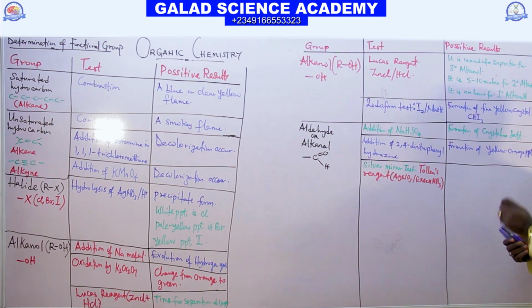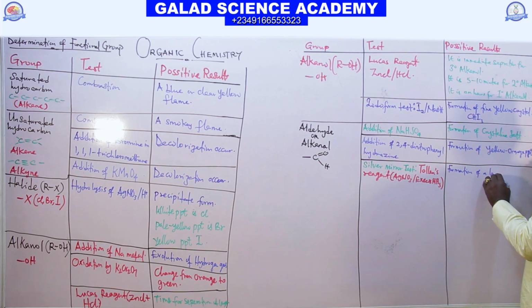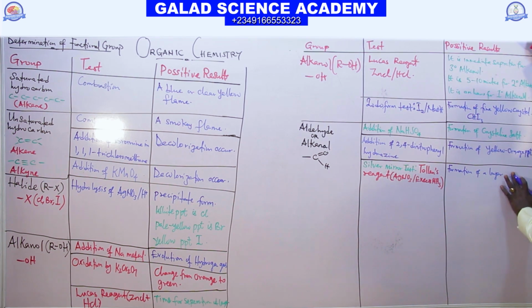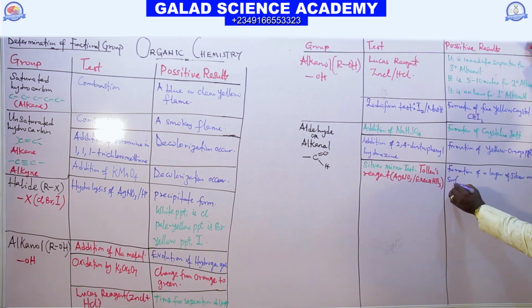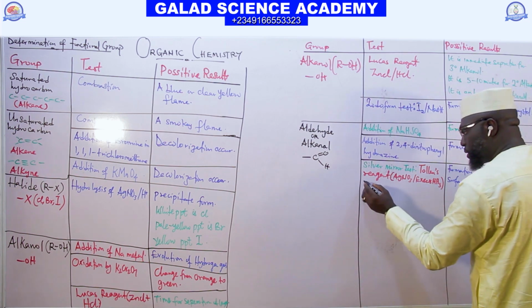Formation of a layer of silver on the surface of the test tube will form. So this is what we call the silver mirror test.